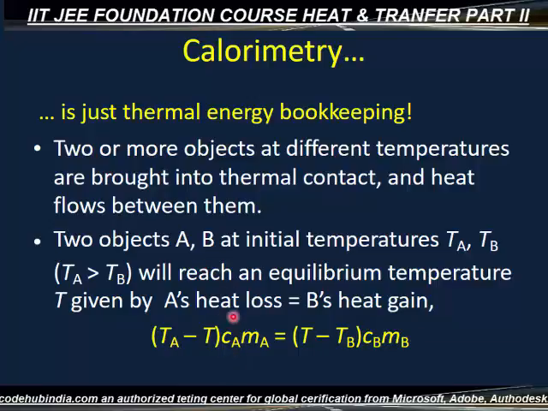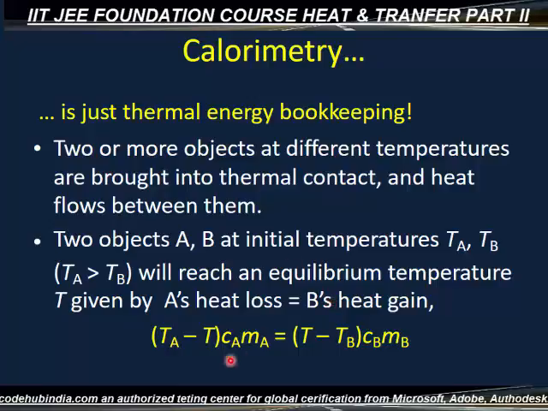So you understand the specific heat and the mass of that A element, and we will do that. Suppose that T is the temperature of both bodies at equilibrium condition, when both body temperatures are equalized.